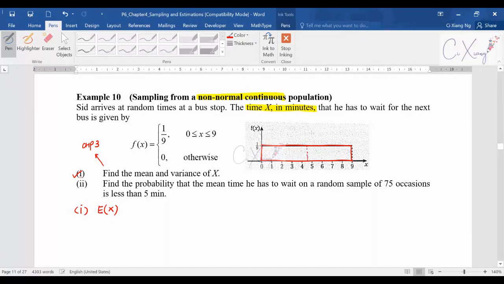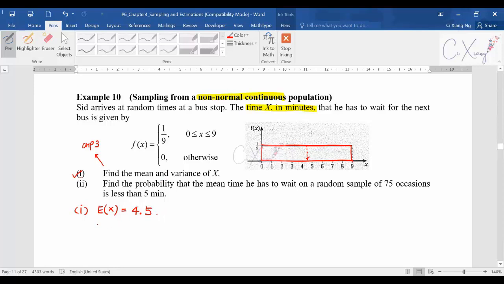So where is the middle? 4.5. If you want to use integration to get the mean, you can, up to you. But we actually learned one easy concept: when you have a symmetric graph in a certain range, the mean will be the midpoint of the range. So the midpoint for 0 until 9 is 4.5. So this is the mean.